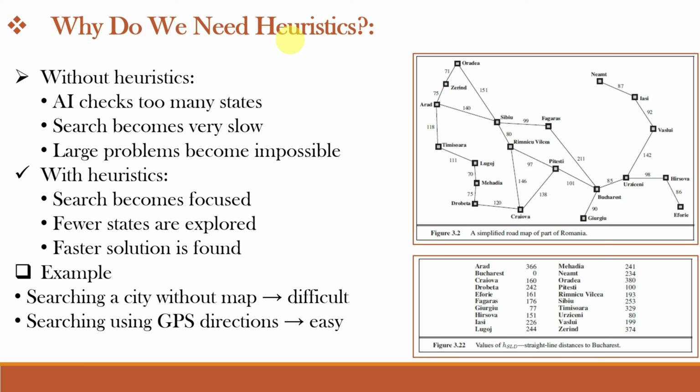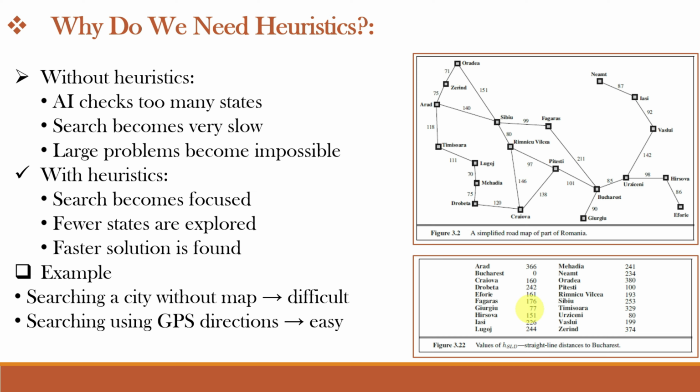And why do we need heuristics? Without heuristics, the AI system has to check too many possible paths, so the search becomes very slow, and in large problems, searching every possible path may become practically impossible. In the Romania map shown here, if you want to go from Arad to Bucharest without heuristic information, the algorithm may waste time exploring many unnecessary cities.